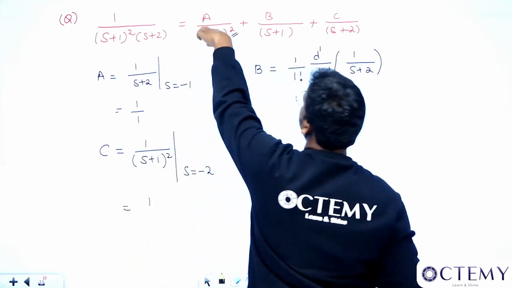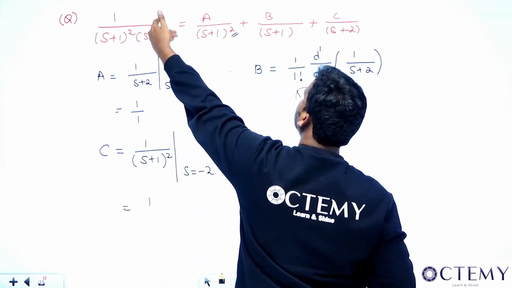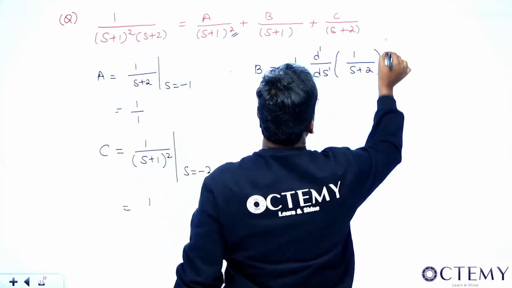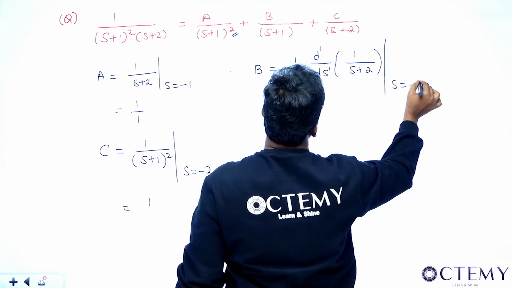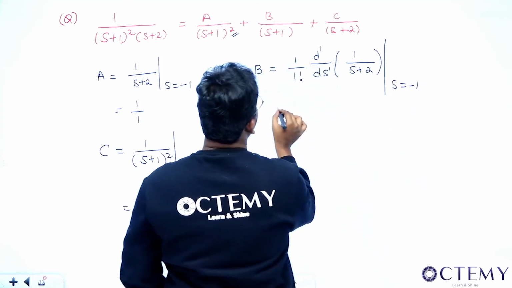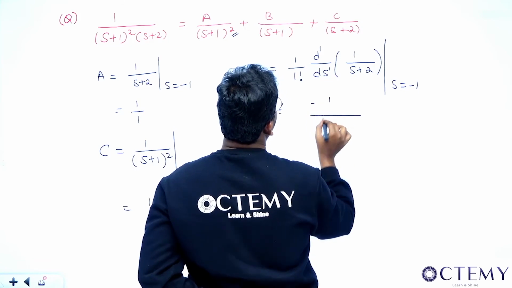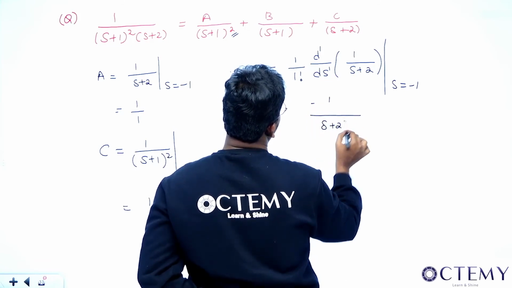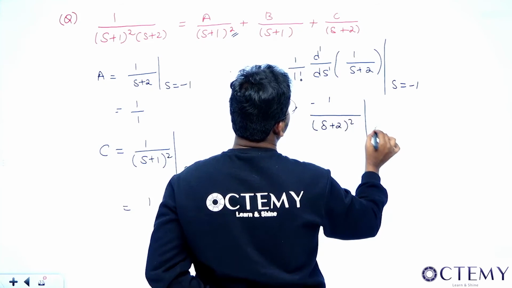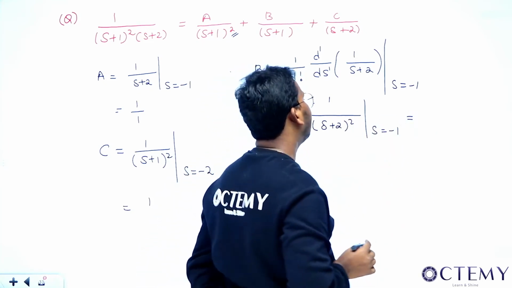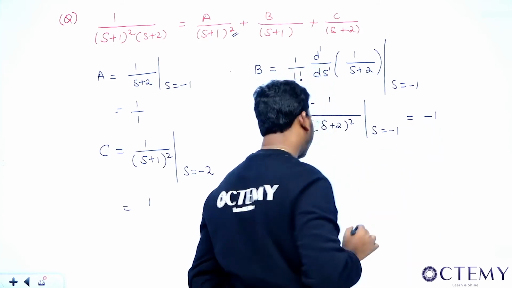And whatever is this s plus 1, remove that function, then differentiate. After differentiating, you put s is equal to minus 1, right? So see sir, what will this become? This will become minus 1 by (s plus 2) square and then put s is equal to minus 1. So you will get this as minus 1, right?